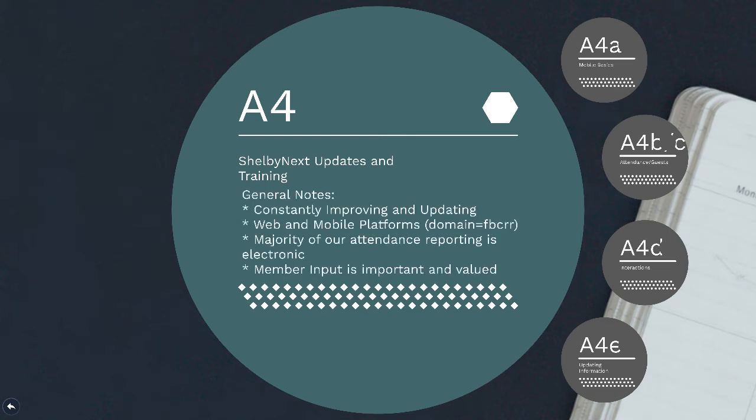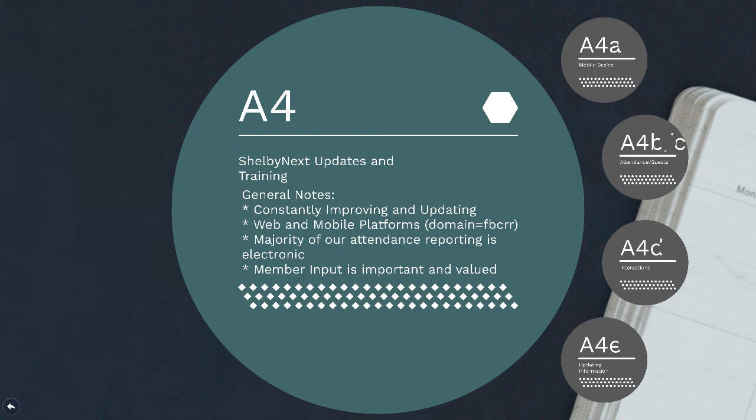And I think as we look at this, it's just some basic things, consistently improving and updating. That is one of the reasons we chose Shelby. Some of the things that we talked about when we started with ShelbyNext have changed because it is a web mobile platform. Anytime you sign up for an account, or delete your account or sync back, the thing that normally throws people on the cell phone is it asks for a domain.